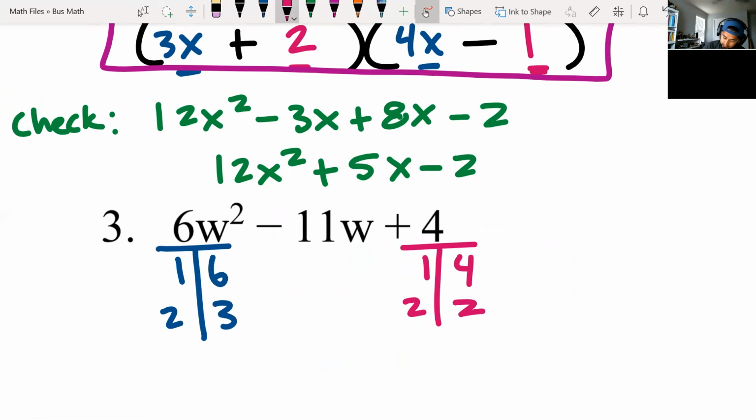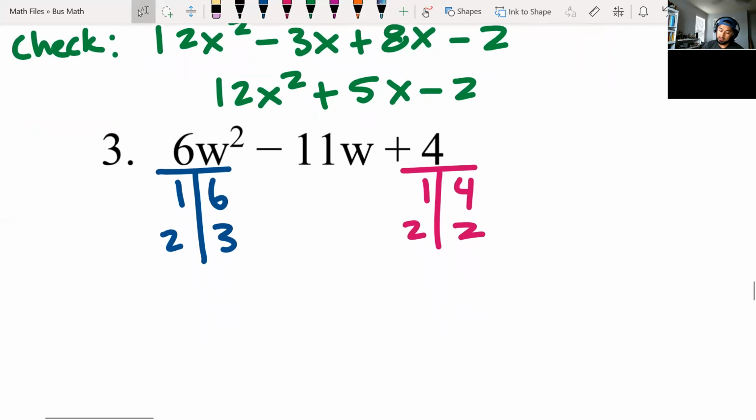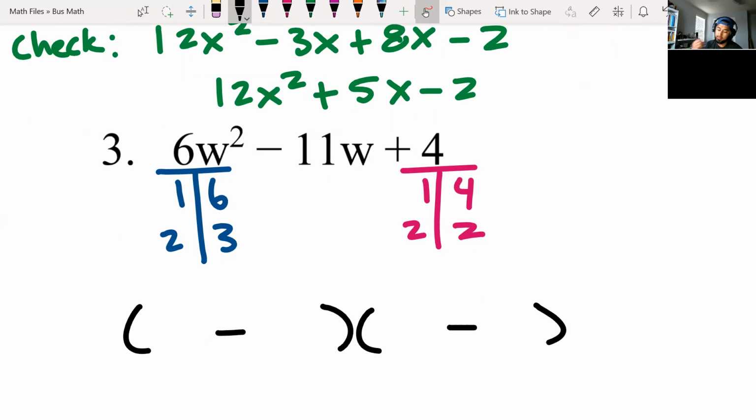Okay. Let's see. And then look at our signs. Minus plus means minus minus. So I'm going to have something minus a number, something minus a number.